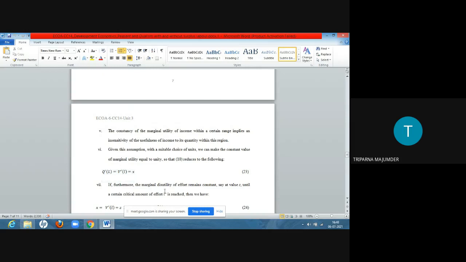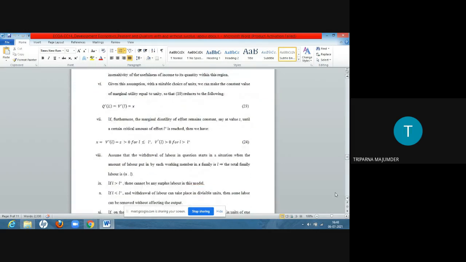If furthermore marginal disutility of effort remains constant, say at value Z, until a certain critical amount of effort L star is reached, we have this. X is equal to V'(L) is equal to a constant value Z, which is greater than 0 for L less than or equal to L star, and V''(L) greater than 0 for L greater than L star.